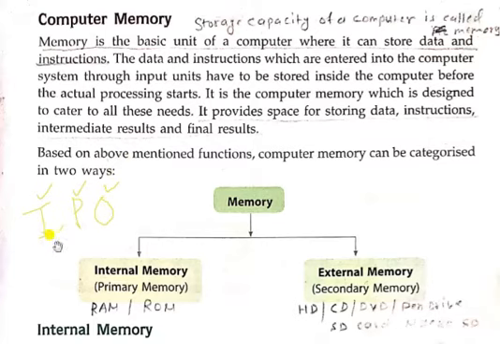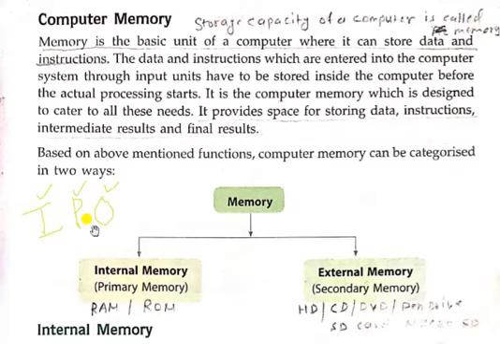So let me explain you. First of all, computer takes input from the user, then the processor processes the data, and then that processed data is known as output, or we can say information. Understood? So first computer takes input, then processes the data, and after processing computer gives output to the user.